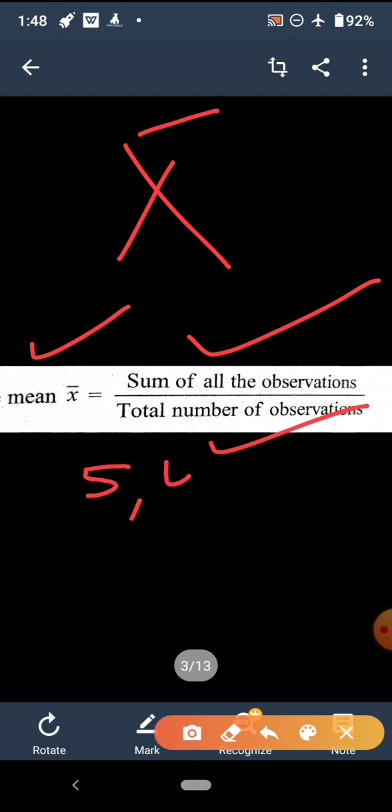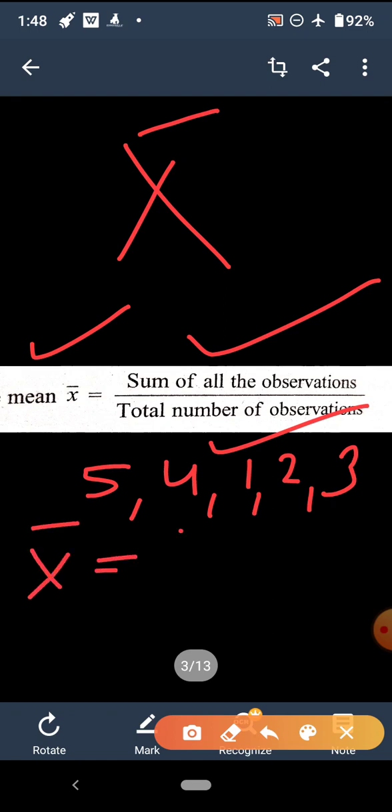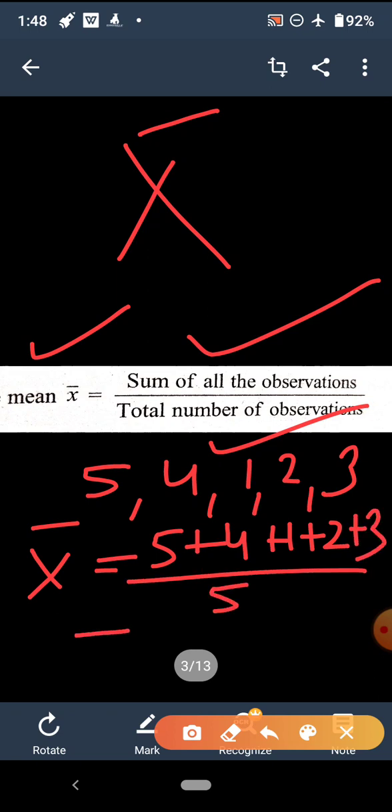For example, if we have 5 values and want to find the average, first add all these values and then divide by the total number of observations. The total is 15, upon 5. So the average is 3. In this manner you will find the mean.